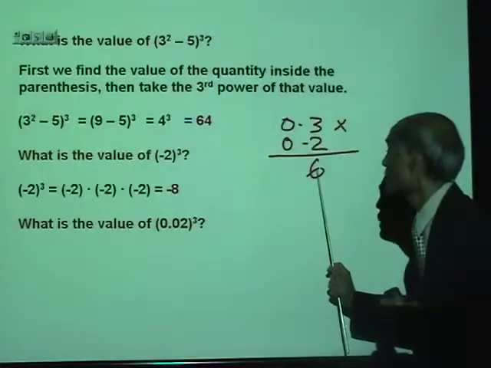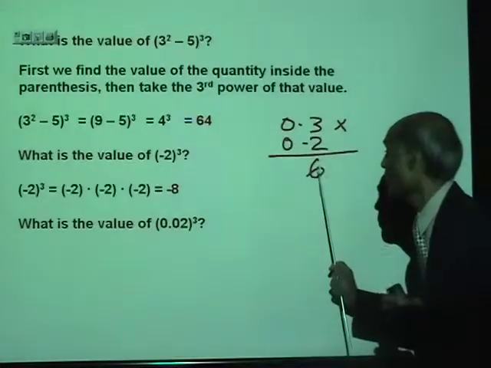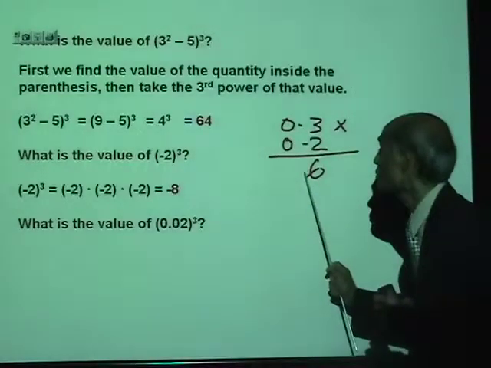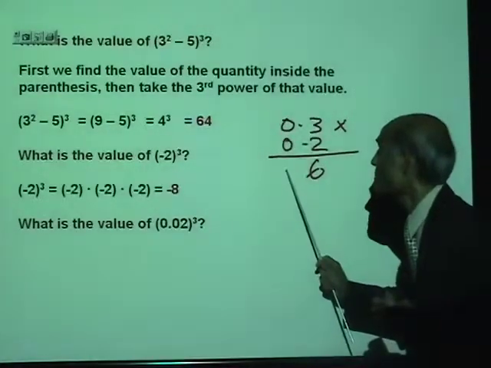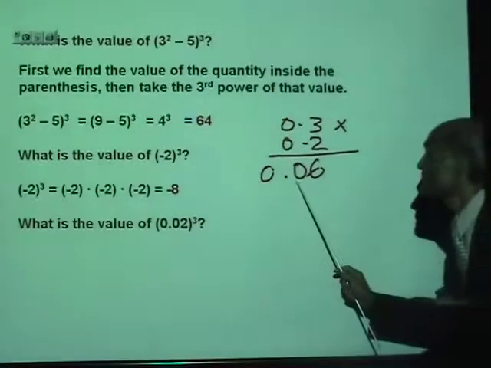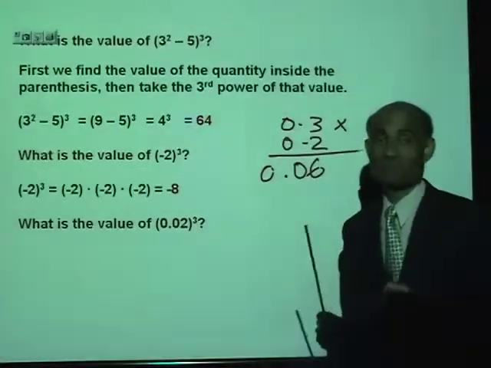Starting at 6, go to the left. You have to count 2 places. 1, 2. Since there is nothing there, you put a 0 there and the decimal to the left of that. So the answer is 0.06. The answer contains 2 decimal places.